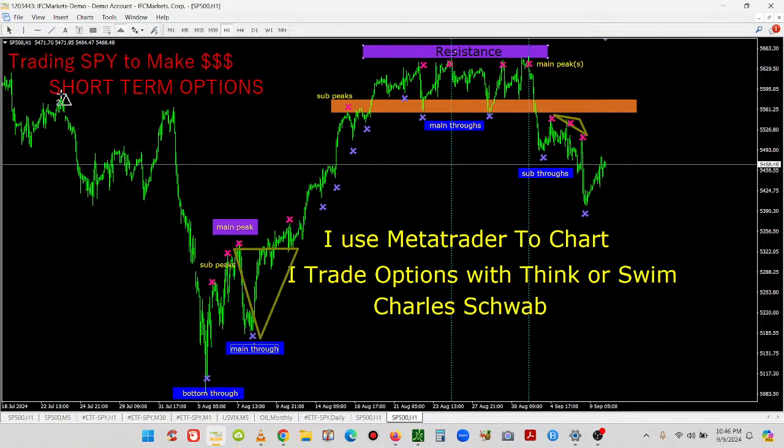We have this pattern right here trying to go up, and it did a bang bang over here, and a bang bang over there trying to go down.